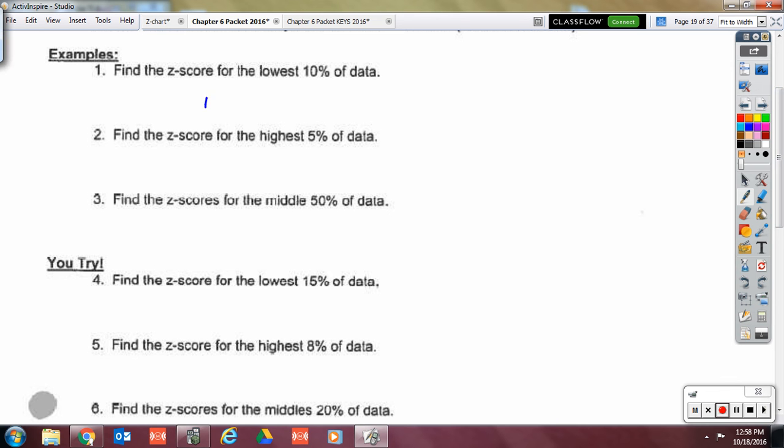Inverse norm of the area below the z-score. So what is the area below on this problem? It says find the z-score of the lowest 10% of data. Okay, so I put it in as a decimal, 0.1. I'm going to put that in my calculator. Inverse norm of the area below is the z at that spot. And you get negative 1.28.